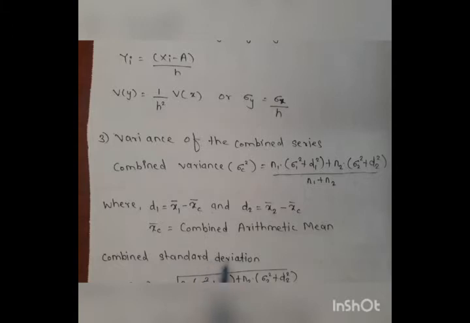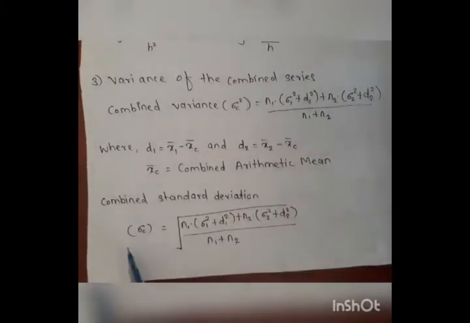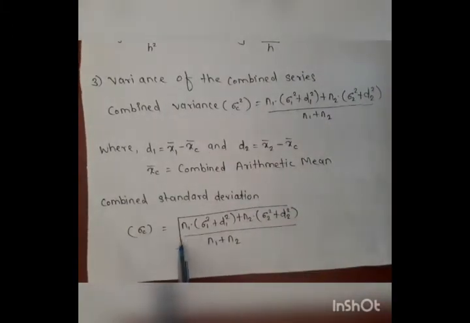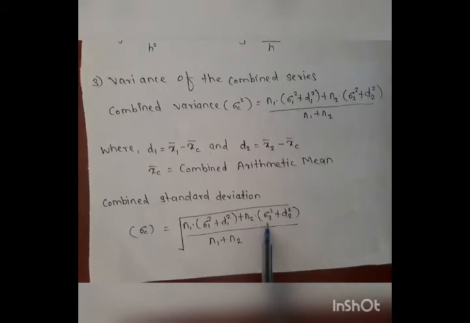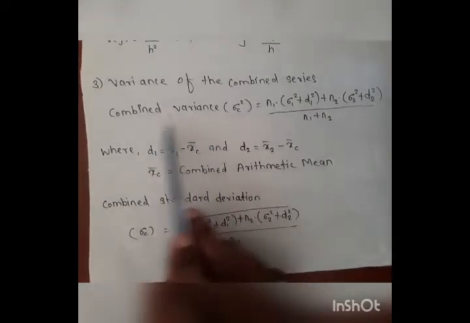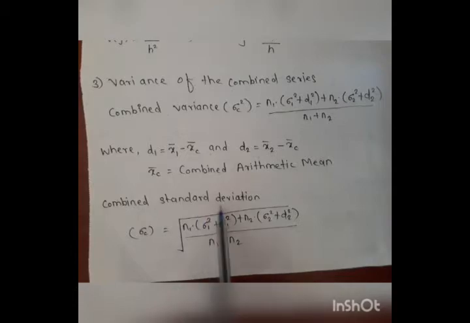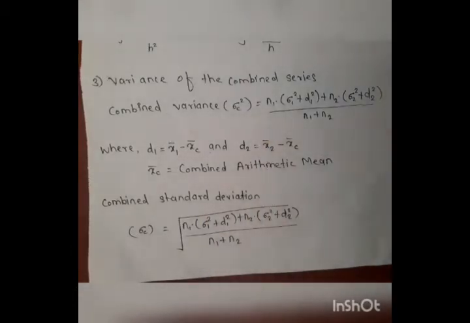So combined standard deviation, sigma c, is equal to the square root of n1 into (sigma 1 square plus d1 square) plus n2 into (sigma 2 square plus d2 square), taking the square root of the combined variance, that is the combined standard deviation, as it is.